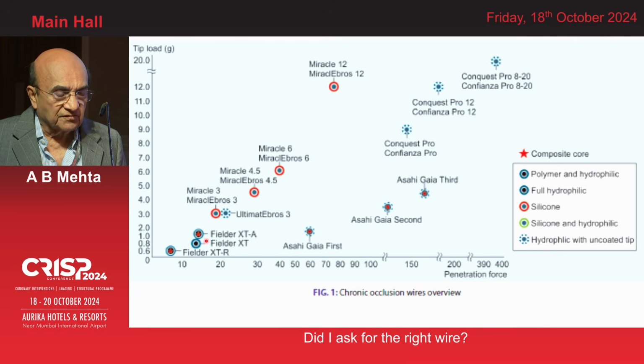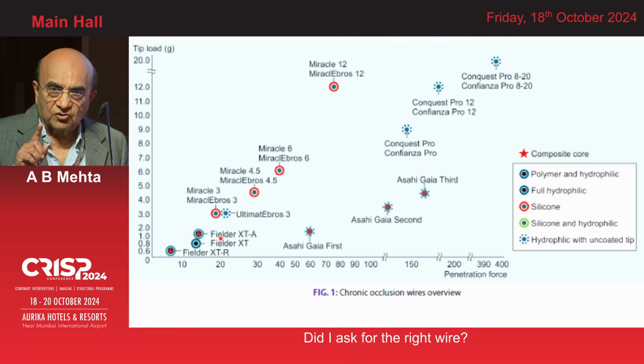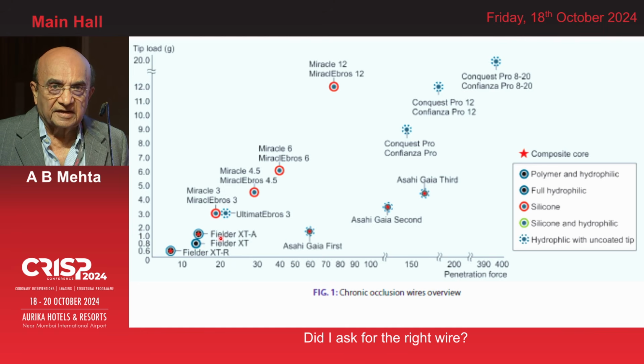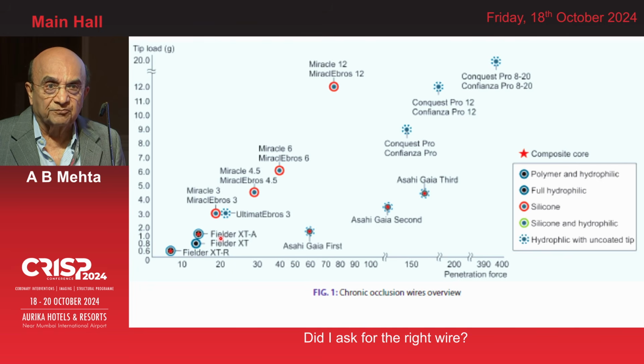And these wires have comparatively low tip load, except one, and that's called Gladius wire, which has been recently introduced over the last 6 months or so from Asahi. Gladius wire has a tip load of 4, and can be used where you need a lubricious or polymer wire with a little extra tip load for improving penetrating ability.